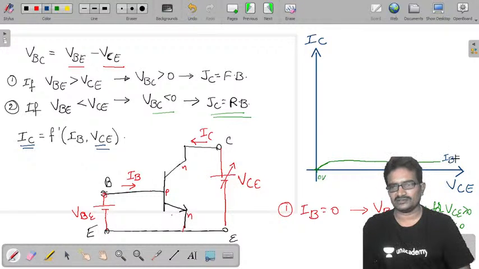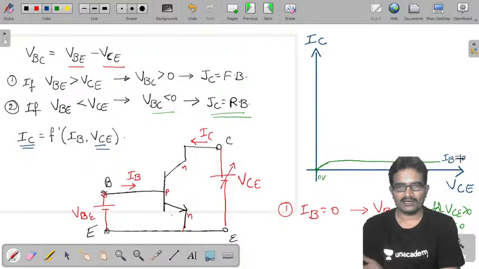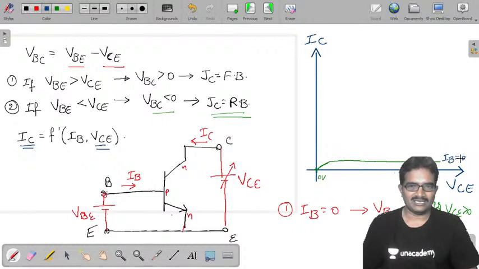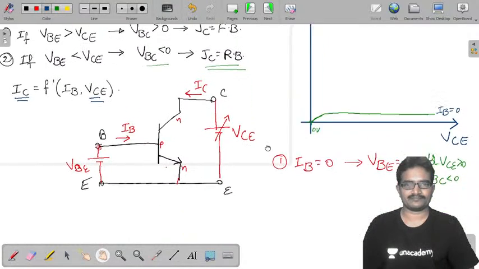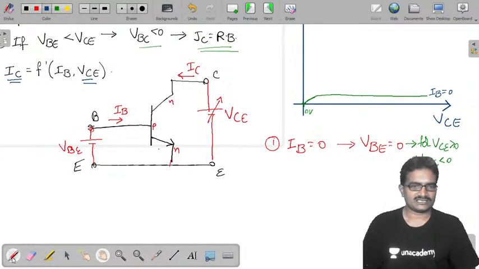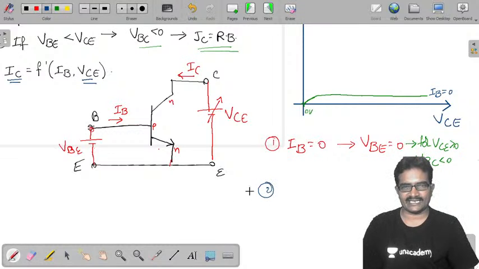This is the case at IB equals 0. Okay, next. Second step I am going to apply. Second case, I am taking IB not equal to 0, that means IB equals IB1.